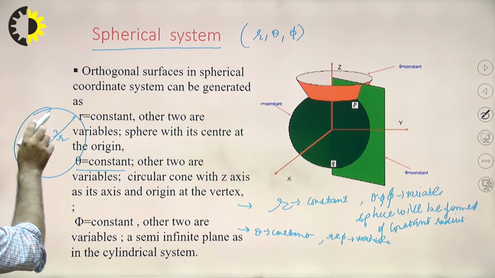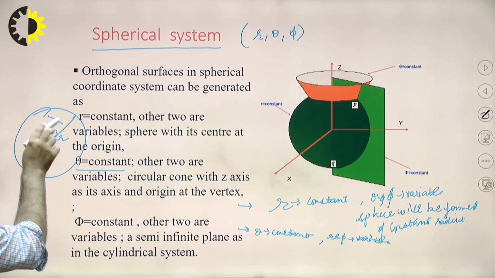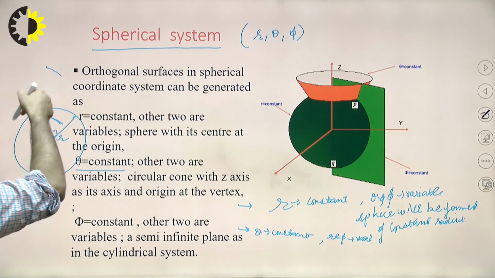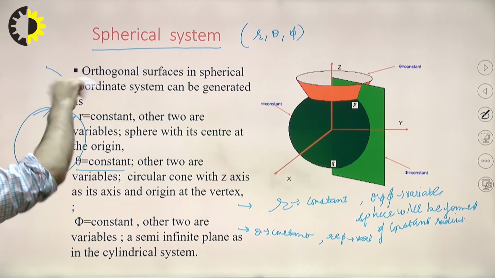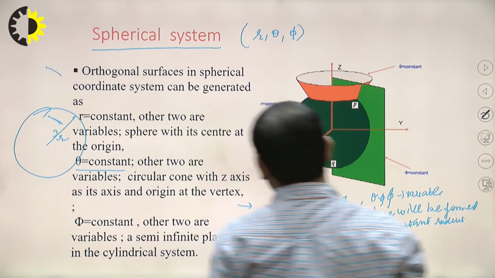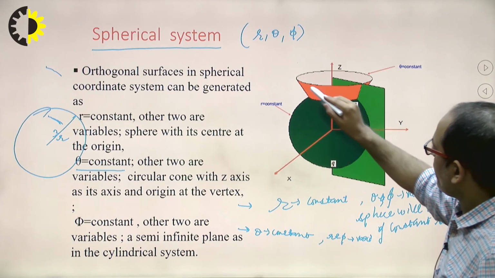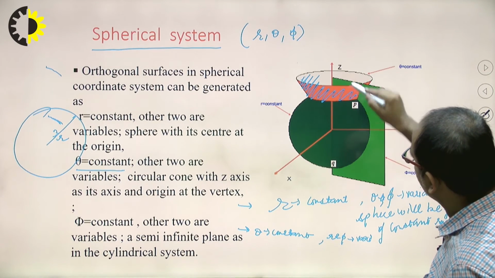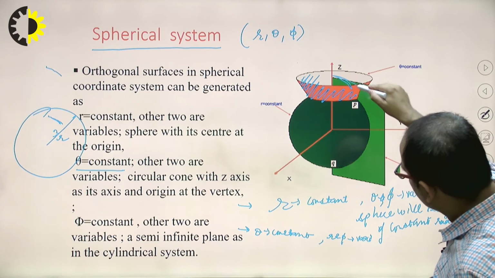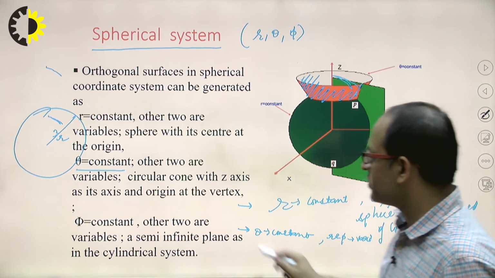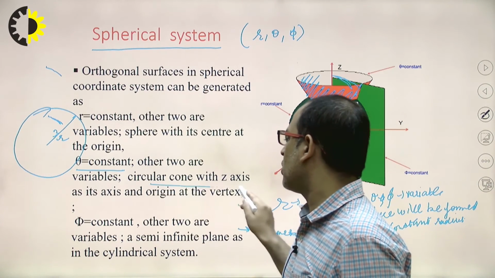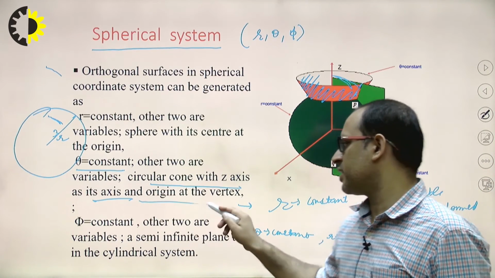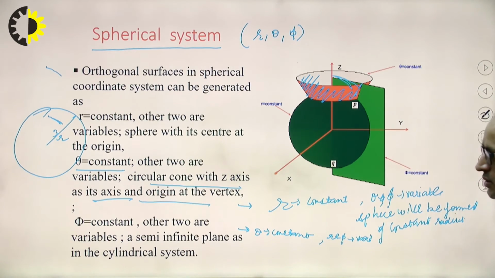Theta is constant means it can be this one, and R is variable and phi is variable. You will get what? This figure will be formed where theta is constant. You will see that the circular cone with z axis as its axis and origin at the vertex.